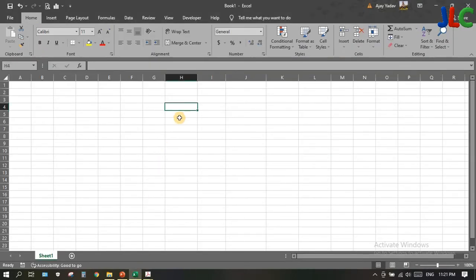Let's see through this example. Bid bond: suppose we have 50 lakhs. This is the estimated amount. Now we need to consider 2 to 3% of it, suppose we are considering 2.8%, and this can be rounded off.